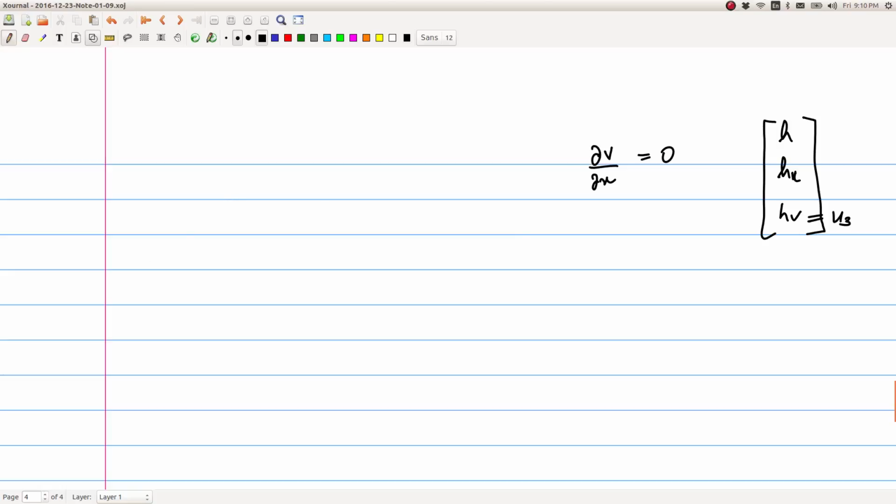This is velocity u, and this is the third component of the vector, so not the same. What we want to imply is del v by del x is equal to 0, but we don't have v directly available, so we can say del of vh by h by del x is equal to 0, based on what we want to imply.